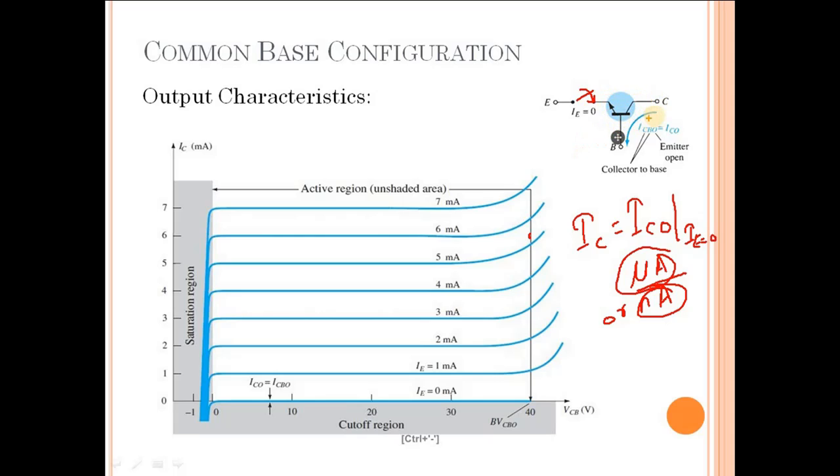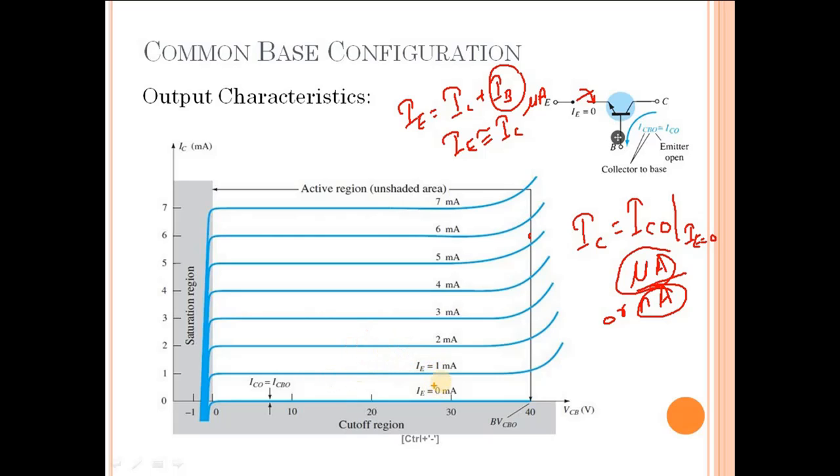In that case, we have an IC which is typically in the milliampere range, and we already know that IE is equal to IC plus IB, and we have discussed that this IB is in the microampere range. So what we get is that IE is very close to the collector current, and that is what we see in the rest of the curves.